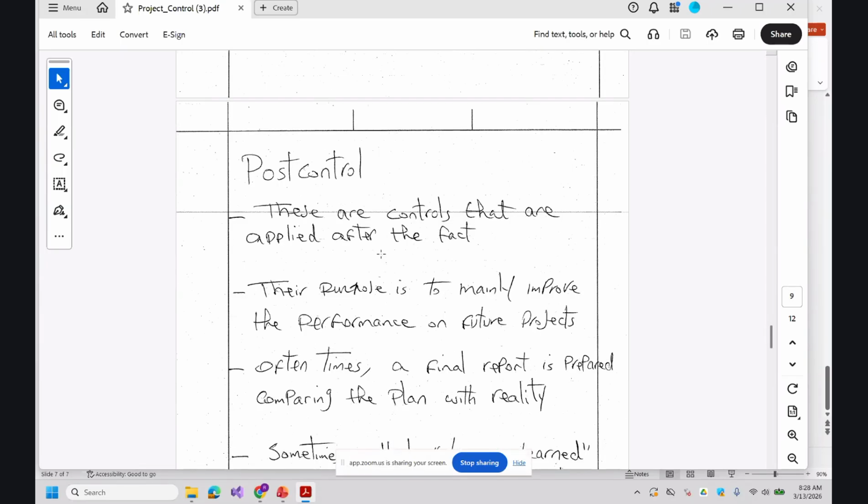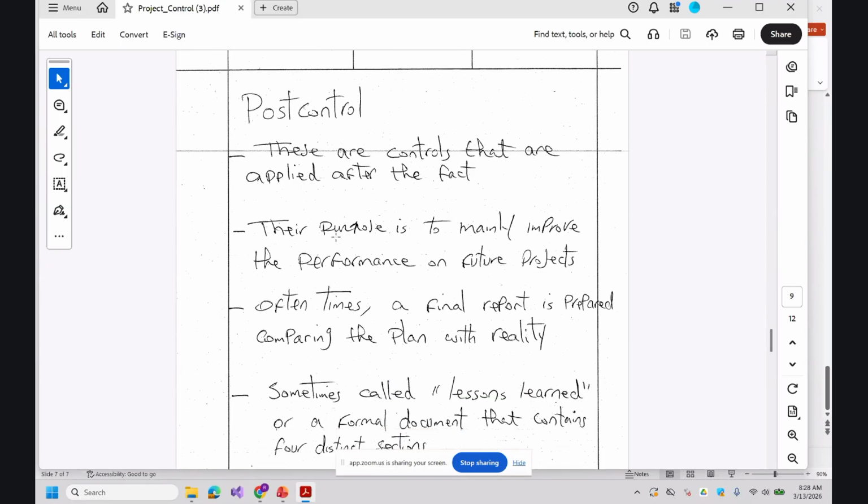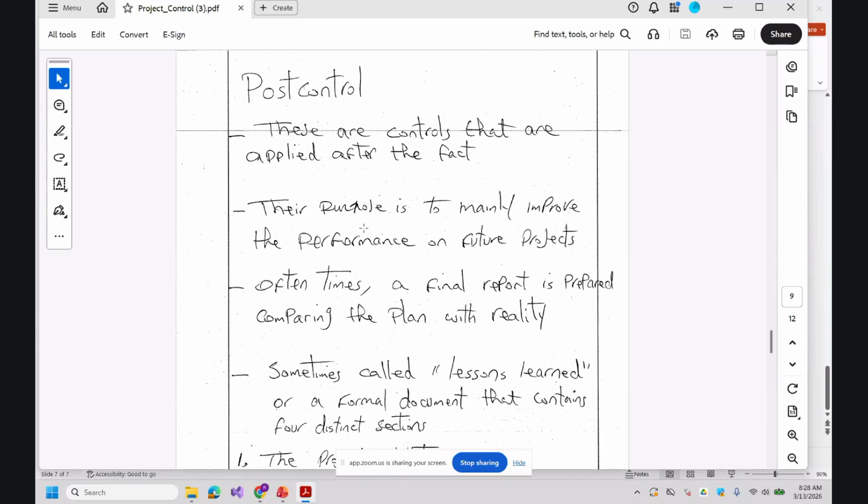The other method, post control, is done basically after the fact. The purpose is mainly to improve the performance on future projects. So maybe you have some related projects that you continuously keep doing, then at the end of every project, you sit down, assess, and evaluate the lessons learned, and this is called post control. Oftentimes, a final report is prepared comparing the plan with reality.